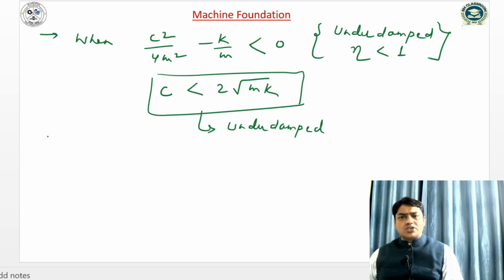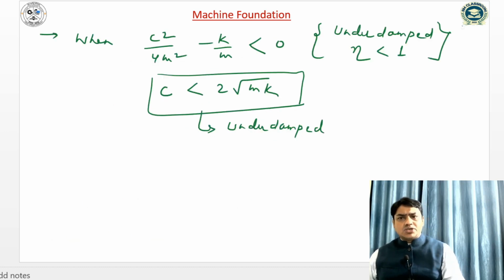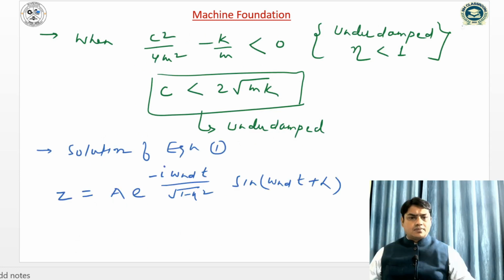So the solution of this equation first, we have written the equation m z double dot plus c z dot plus k z is equal to 0. If I write the solution, the solution of equation first can be written as z is equal to A e to the power minus eta omega nd t divided by square root of 1 minus eta square, sine omega nd t plus alpha.